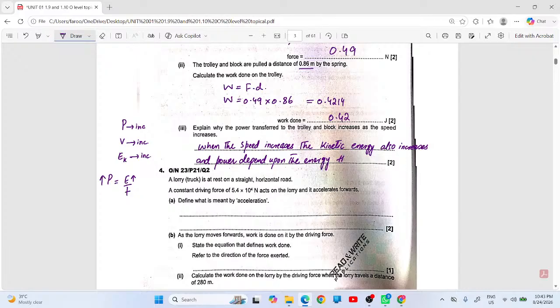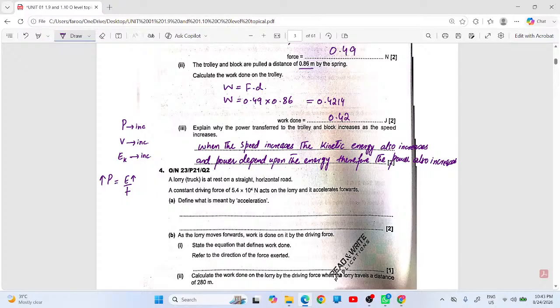Therefore, power also increases. Okay? Yes sir.